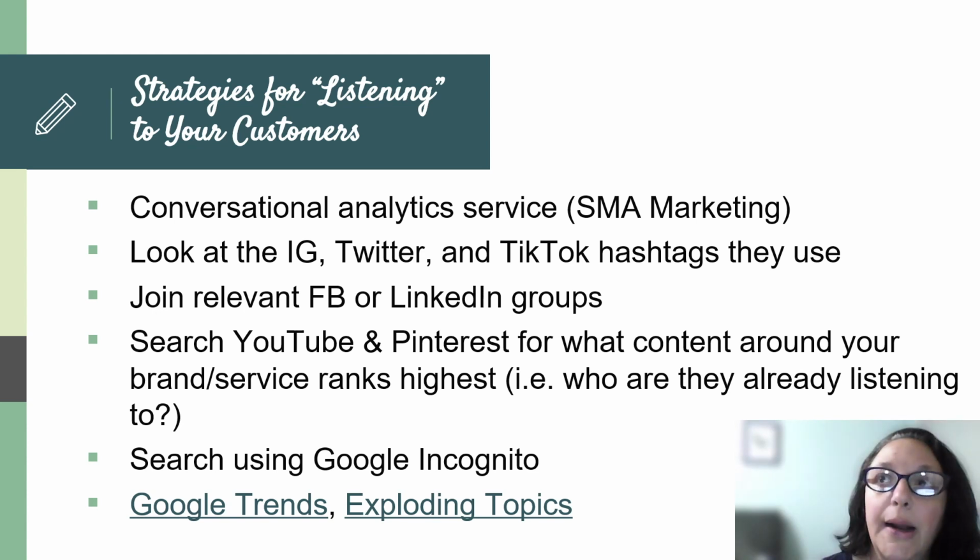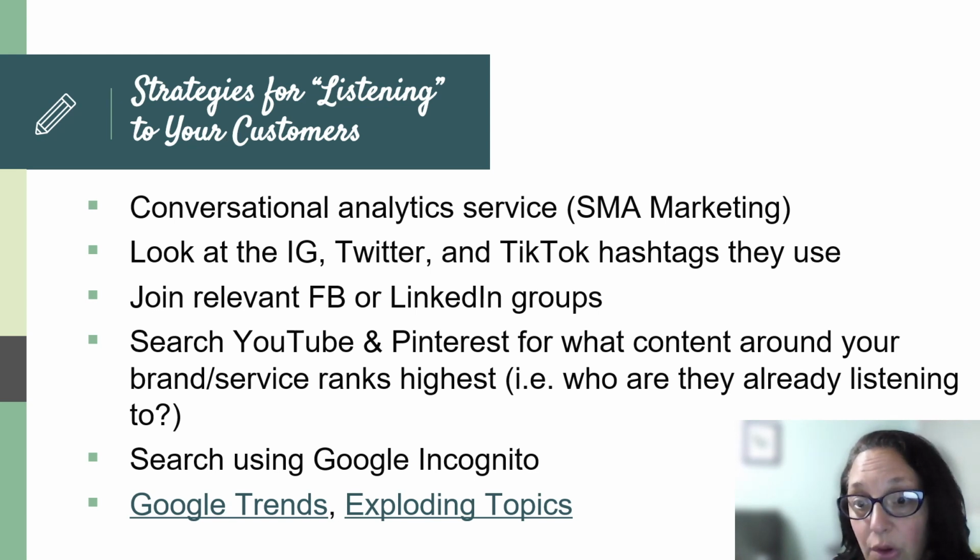And then if you want to use Google to search questions like gardening center near me or how to set up a nonprofit, or anything, the most helpful thing that you can do for yourself is to search in Google Incognito. The reason for this is that Google is constantly dropping little cookies or memory chips onto your search browser, and the goal is for personalized searches to pull up.